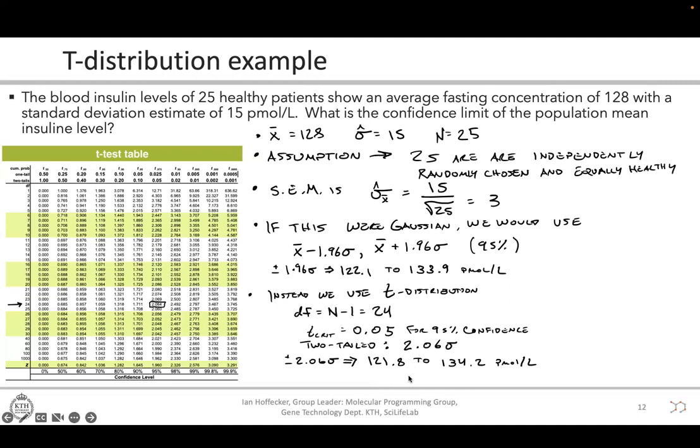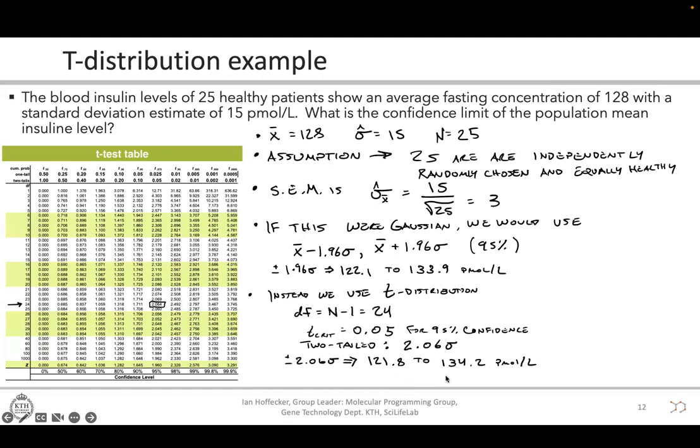So in this case, we take the mean that we got, 128 minus 2.06 times 3 here, that's 121.8, and then 128 plus that value is going to define this range here.